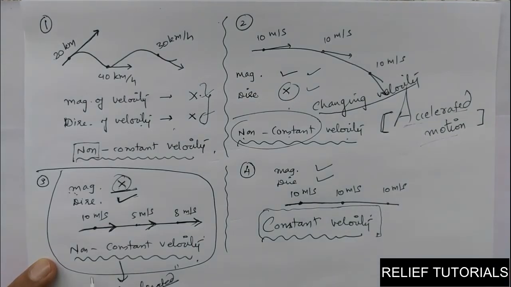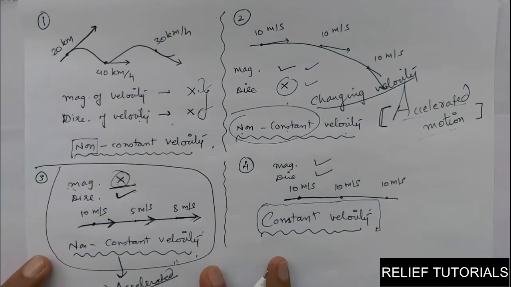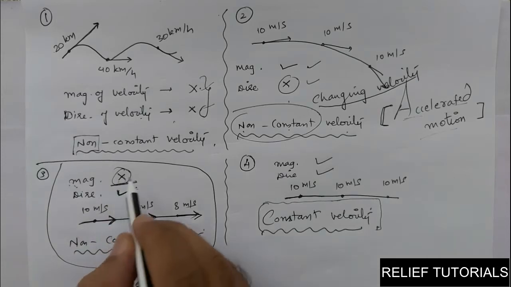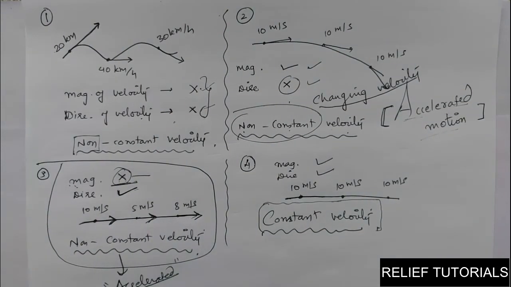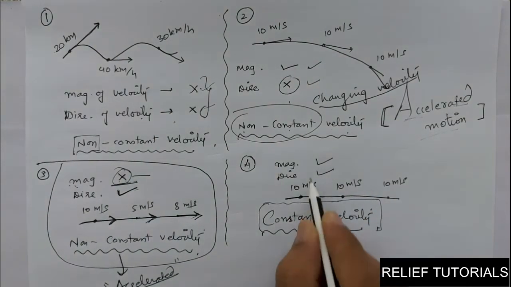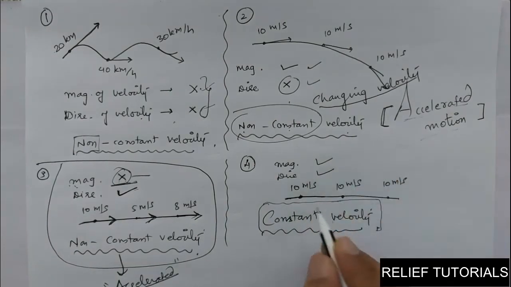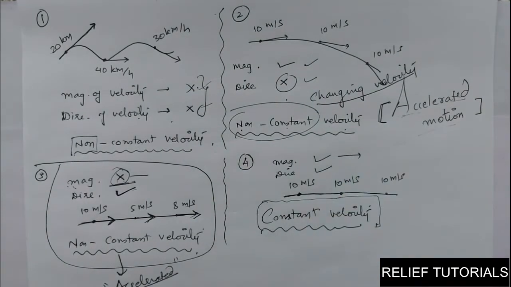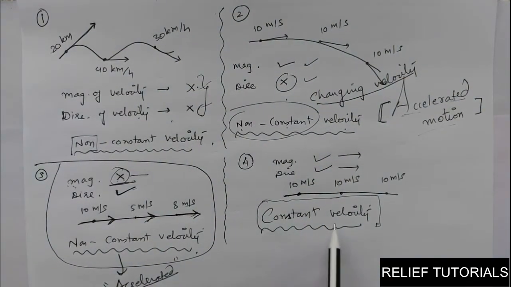In our syllabus we will have only such accelerated motion examples in which the magnitude changes, not the direction. And in which condition do both remain constant? Magnitude should be constant as well as direction should be constant. Then only the particle's velocity is said to be constant velocity motion.